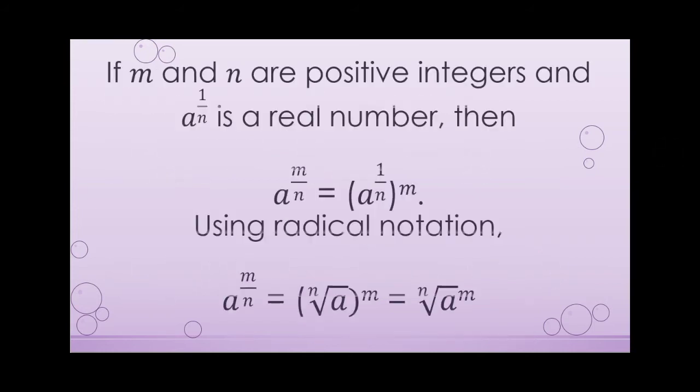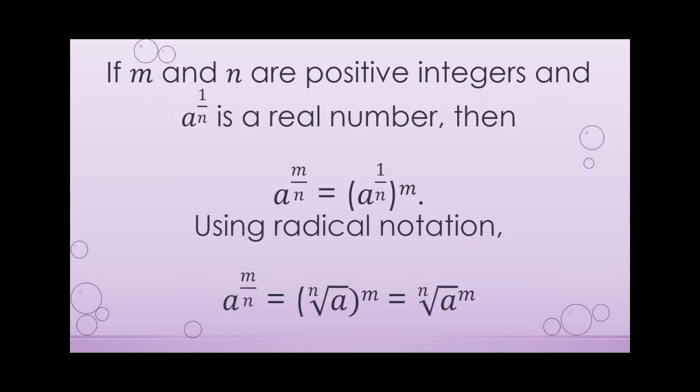Now we have, if m and n are positive integers and a raised to 1 over n is a real number, then a raised to m over n is equal to a raised to 1 over n, then this is raised to m.